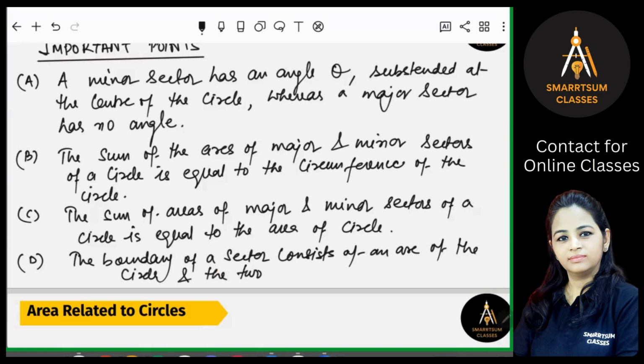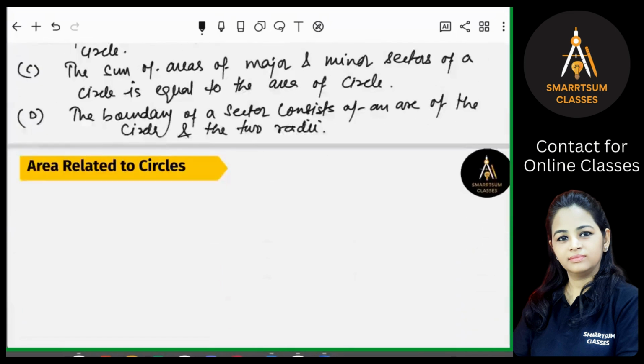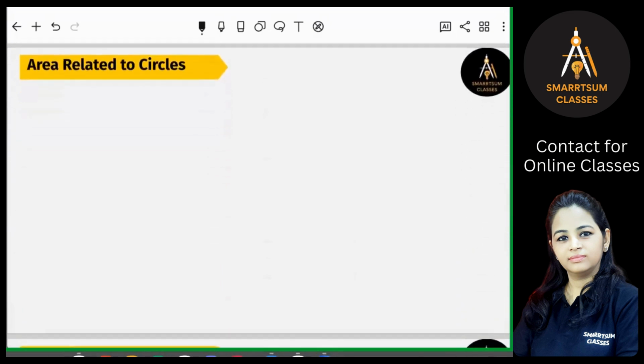So there are always two radii which bound that sector. So these are the points which we should know. Now, coming to the area of a sector. How to find the area of a sector? So put the heading, area of a sector.